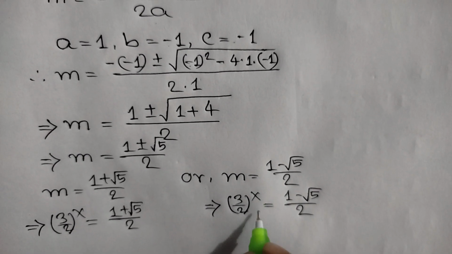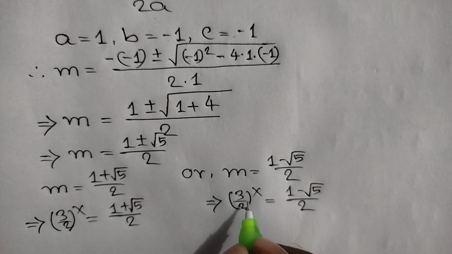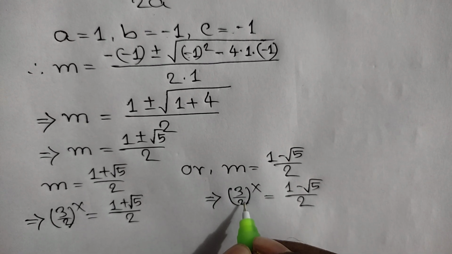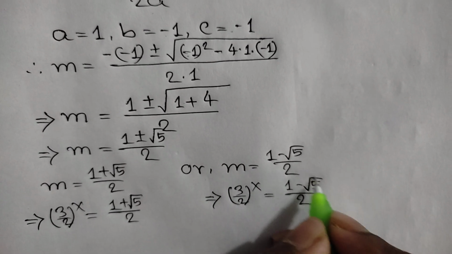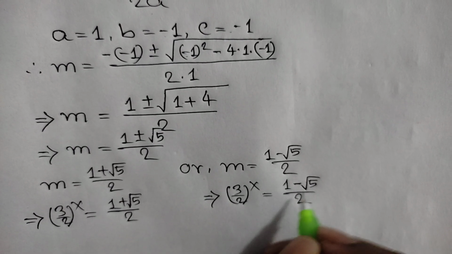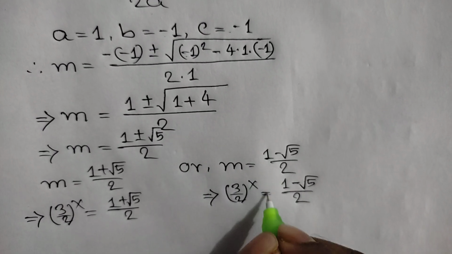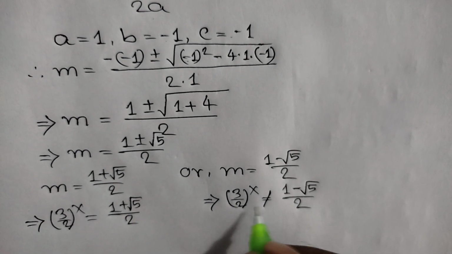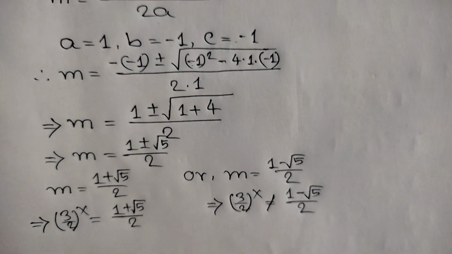But attention here, 3 over 2 whole power any number will be positive, but this is a negative number. So positive is not equal to negative, so there are no real solutions, so it is rejected.